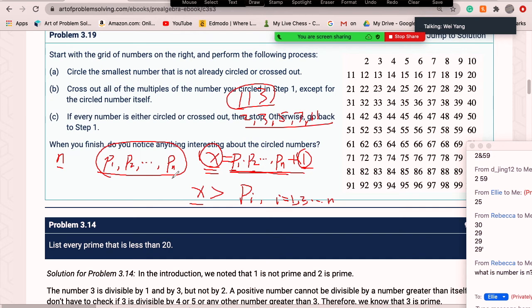So why did this contradiction happen? Because we supposed the prime numbers are only p1 to pn, right? But actually x should be another prime number that we did not include here.